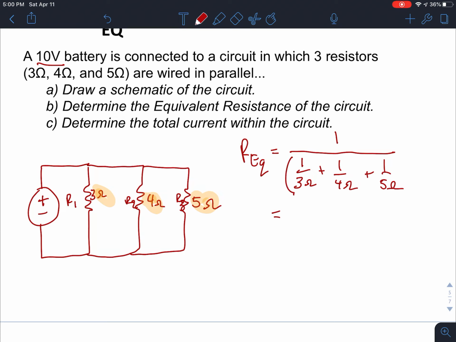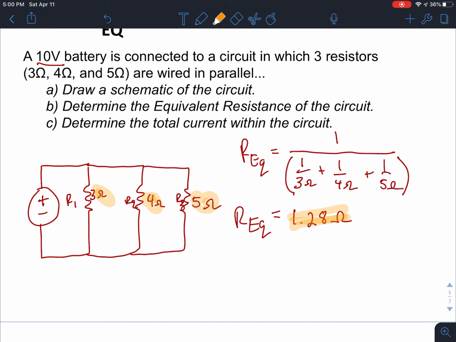So I've basically opened parentheses on the bottom and calculated it that way. And if you put it in exactly that way, you get an equivalent resistance, in this case, of 1.276. So I'm going to go 1.28 ohms. That is the equivalent resistance. And sure enough, we added resistors and our overall resistance went down, as you can tell.